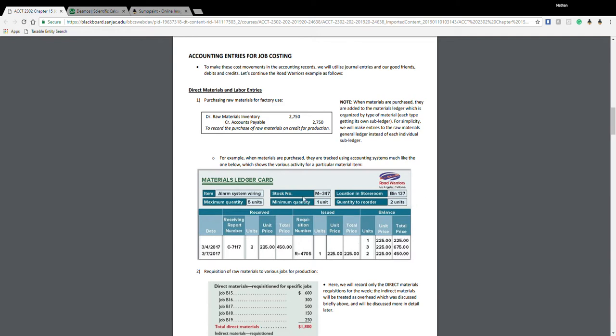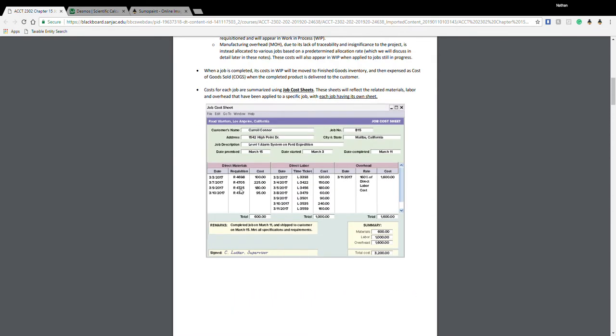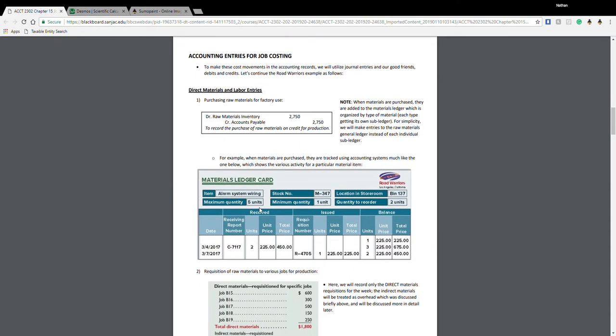This job, B15, requisitioned 1 of those units to be used for their job. Notice this is the requisition number. If I look back here, I should actually see it right there, R-4705. Everything can be traced to themselves. So again, we can tell what job, what they used, when we bought the products, everything.